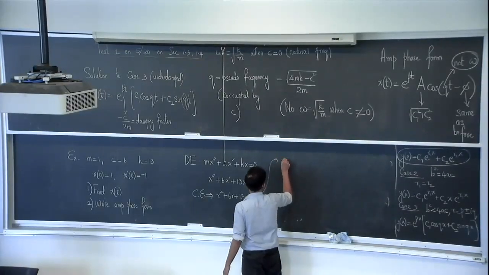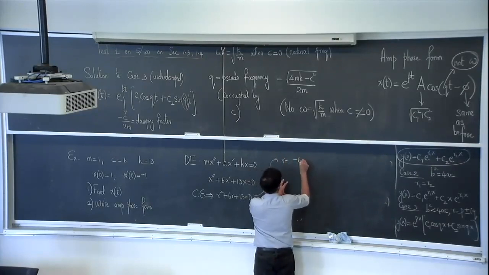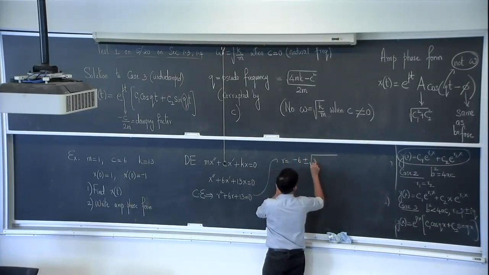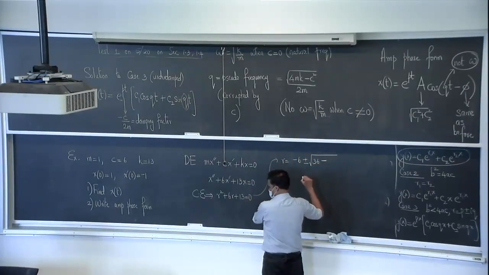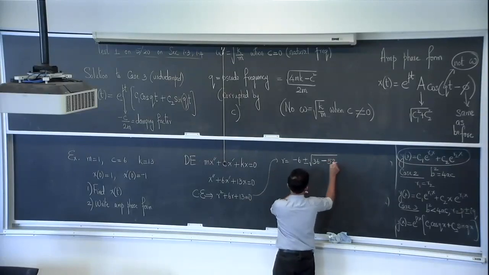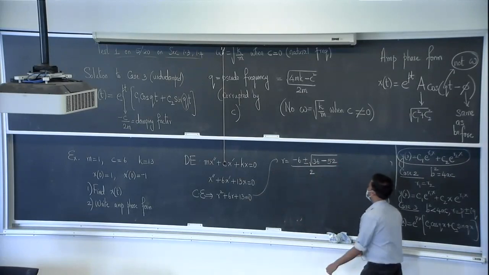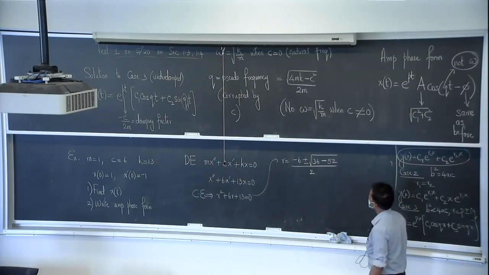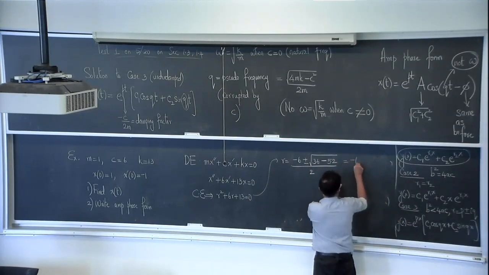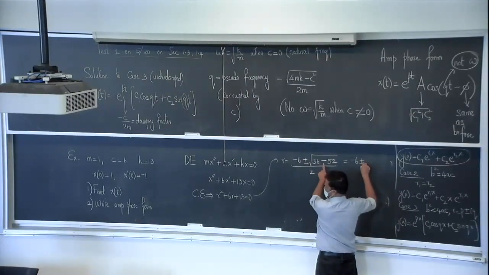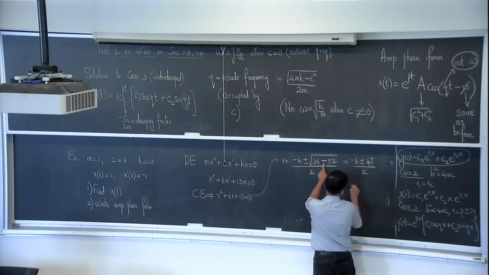So R would be negative b plus or minus square root of b square minus 4 times 13 is 52, by 2a is 2. Negative 6 plus or minus the square root of negative 16, which is 4i, over 2, which is negative 3 plus or minus 2i.